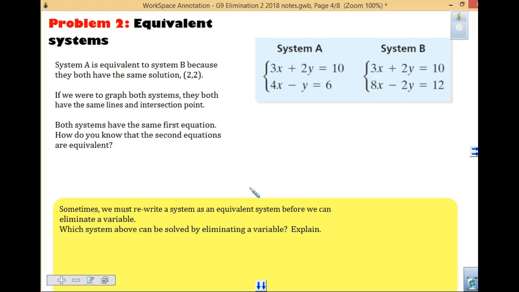Both systems have the same first equation. How do we know that the second equation is equivalent? What happened to the second equation in system A to get system B? What did they do to that second equation to get this, and this, and this? What's happening, Trina?